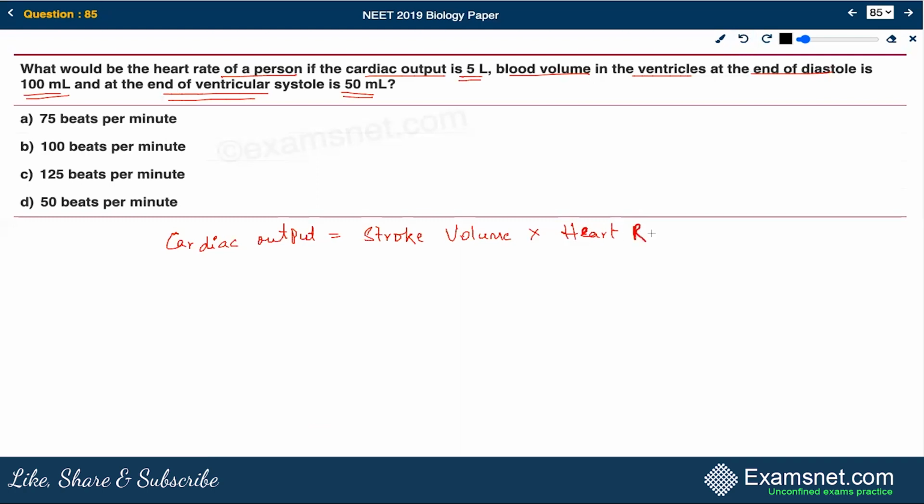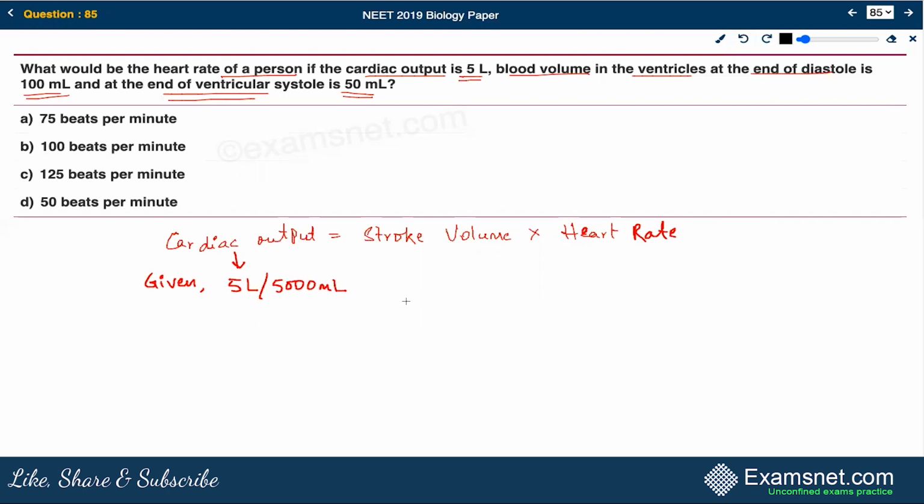Clear? Now, the given cardiac output is 5 liter over here. All right. If it is 5 liters, so if we just convert it into milliliter, that means it will be 5,000 milliliter, we can say.